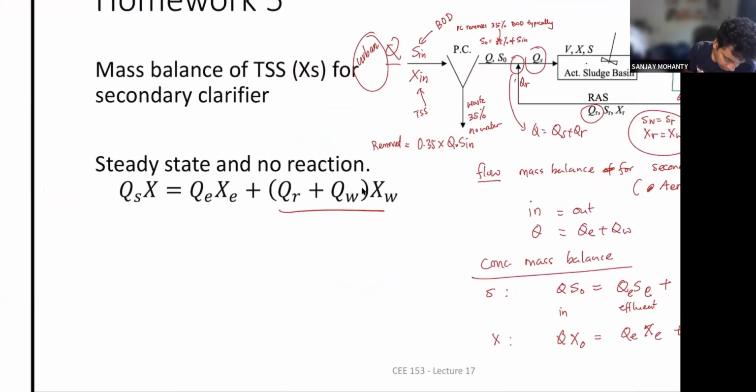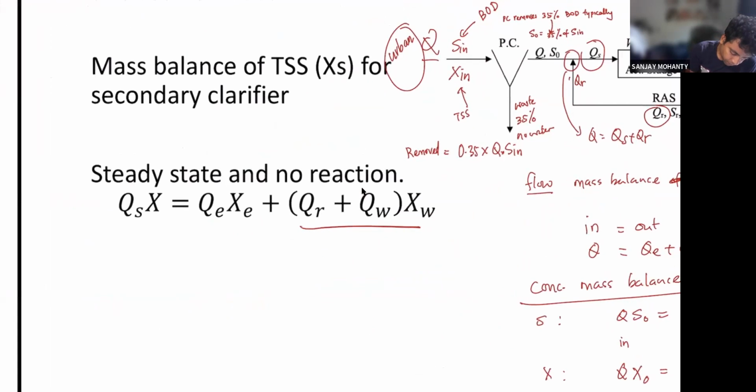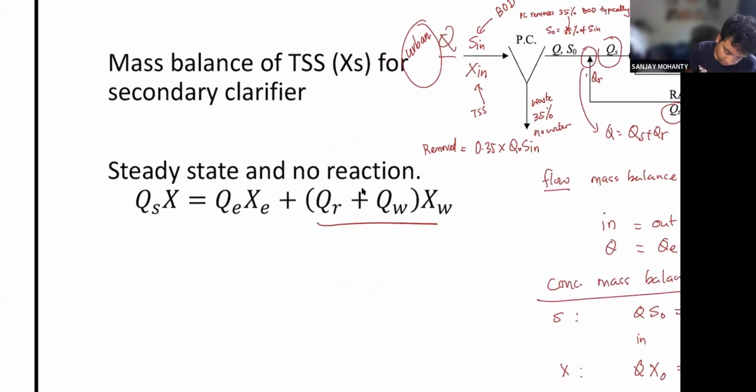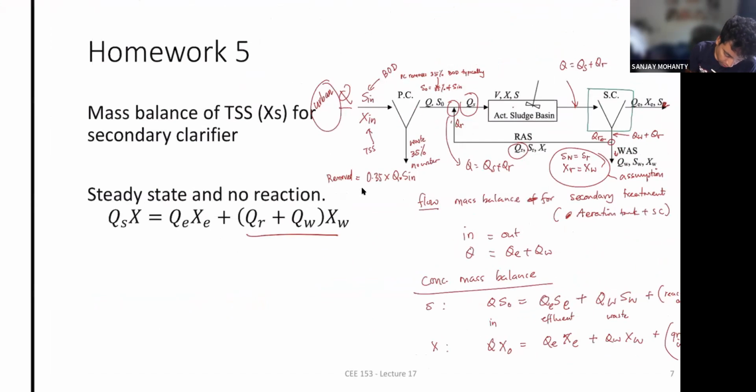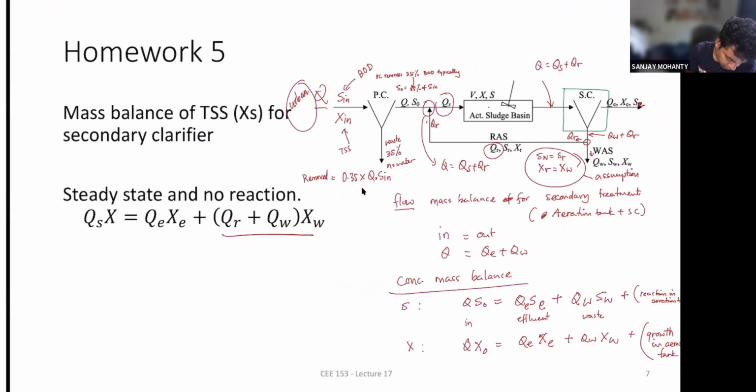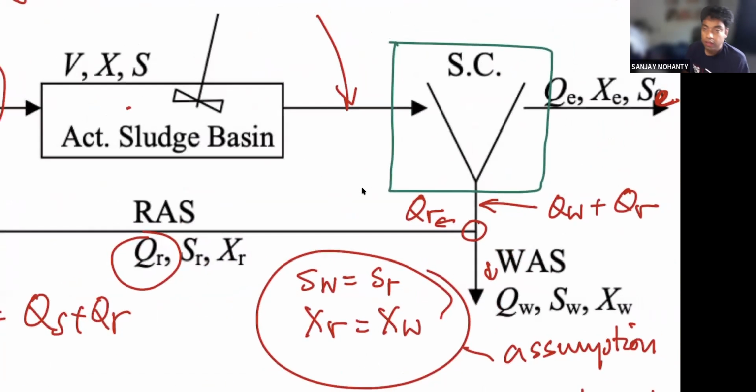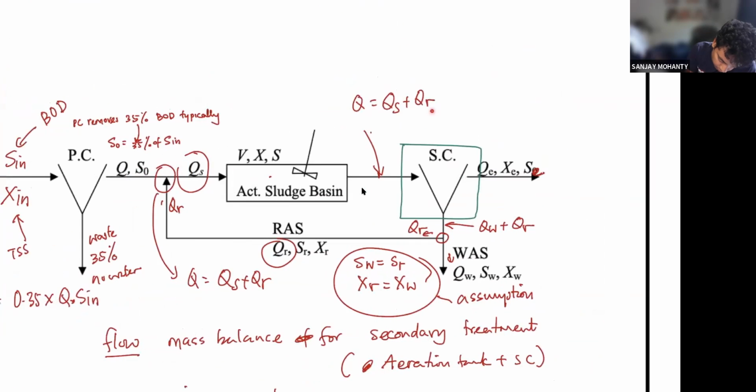So let's see. If you do just the secondary clarifier, this is what is asked: steady state and no reactions. For the secondary clarifier, if you're just doing that one, you have one incoming, which is this Q, and the concentration will be the same, since it doesn't change from reaction.